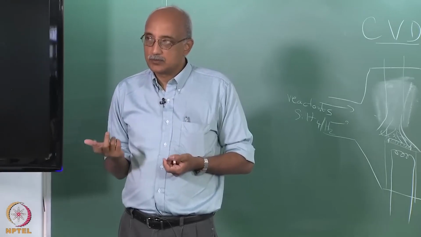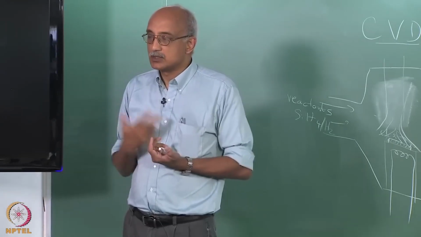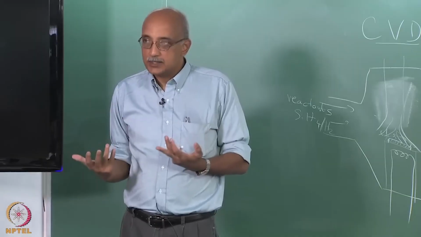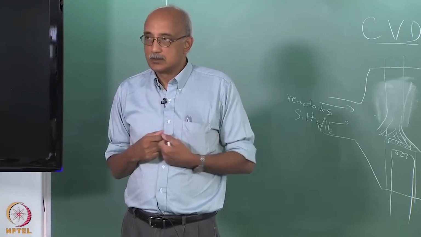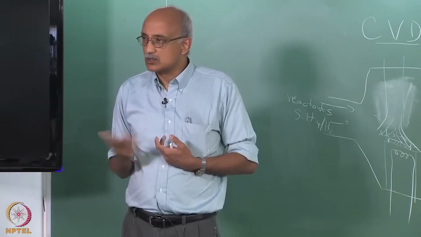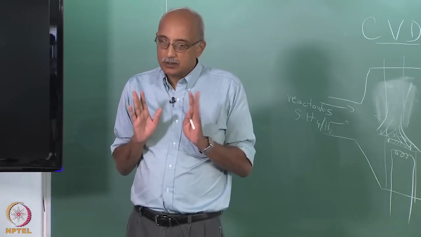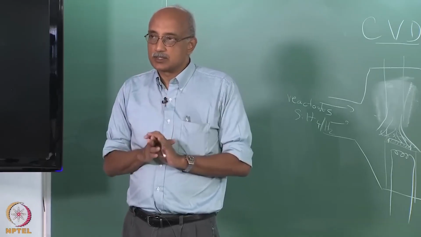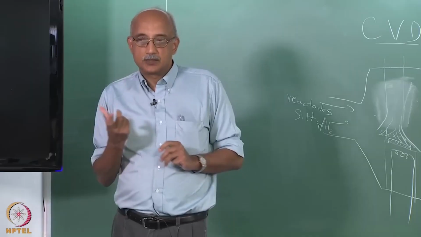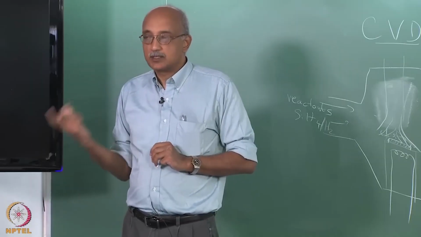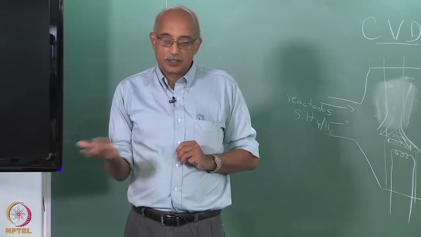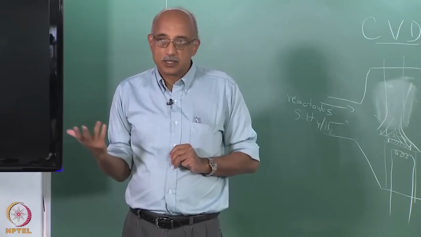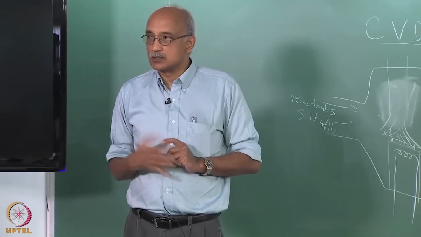The other way, of course, is you can also provide energy to the substrate using other means such as light, laser, and so on. So, you have to be able to provide some source of energy to the substrate. Typically, if the substrate can take high temperatures, thermal energy is the most efficient way to achieve this energization.